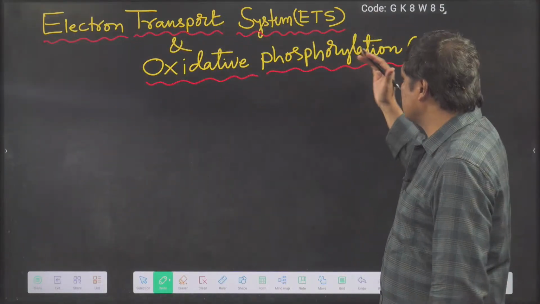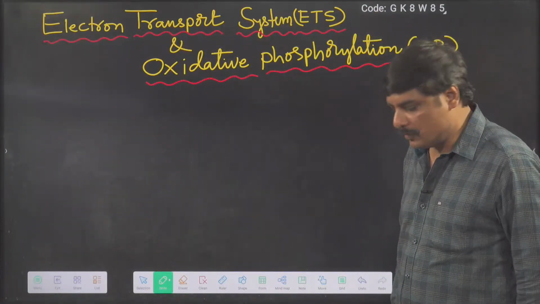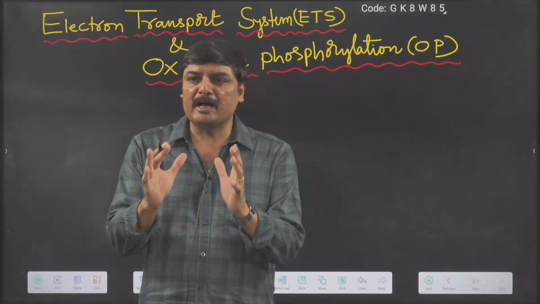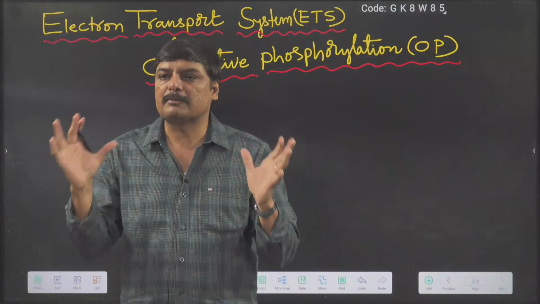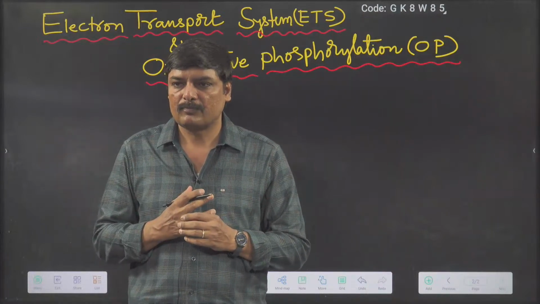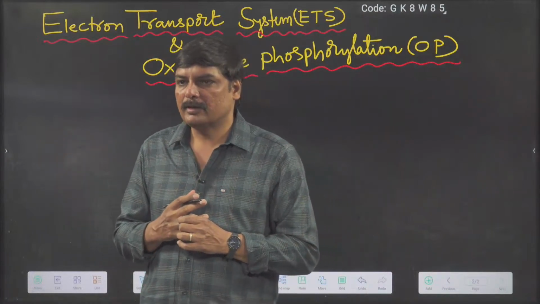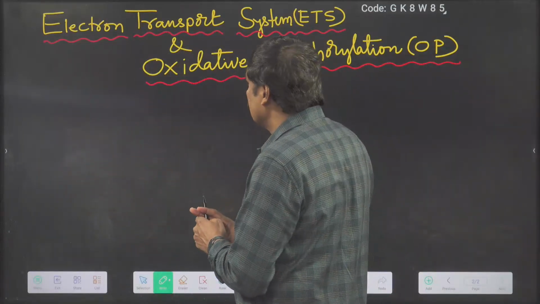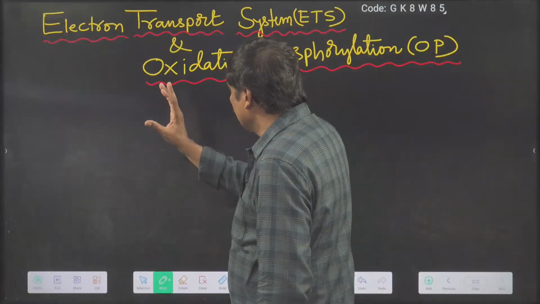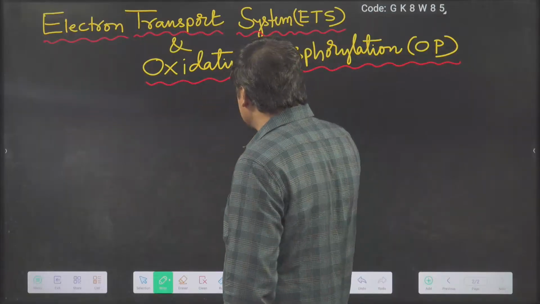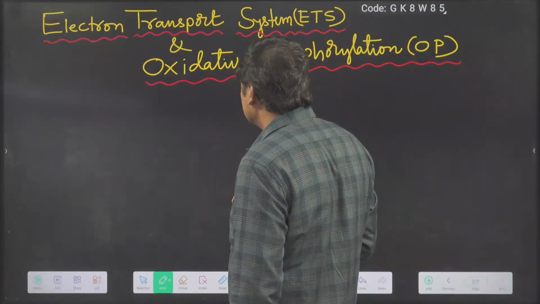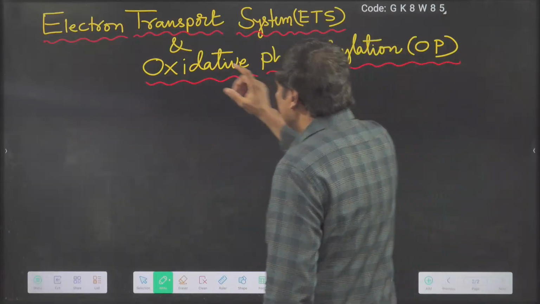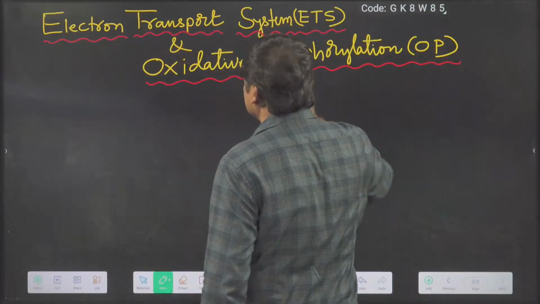Electron transport system. First of all, you have to know the meaning of electron transport system. Electrons are transported from one carrier to another carrier in a systematic manner, called electron transport system.